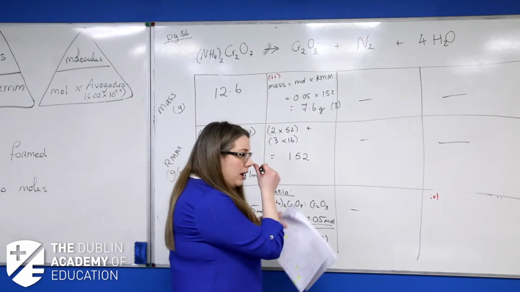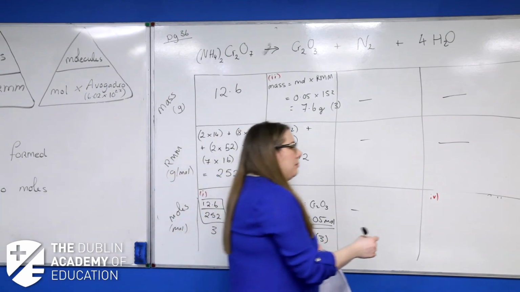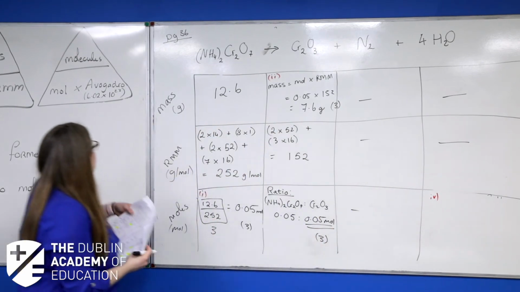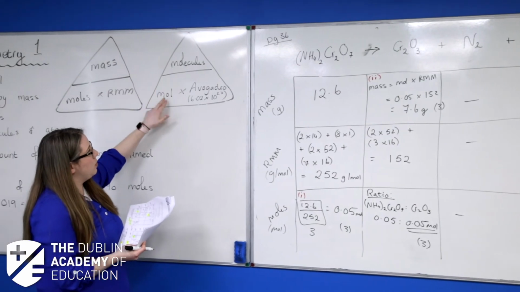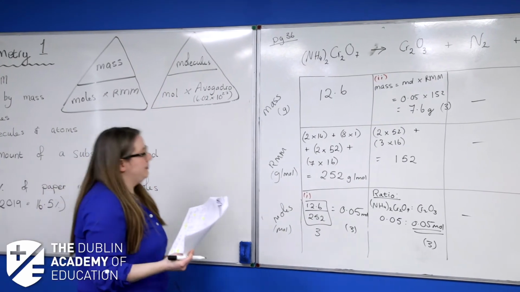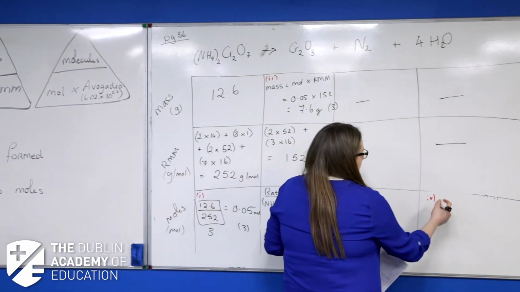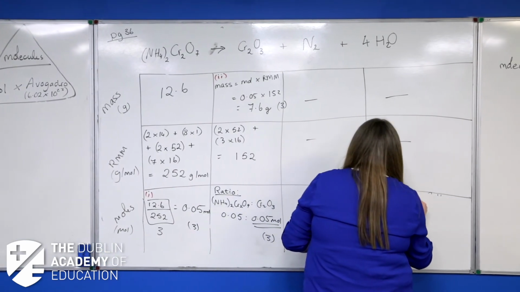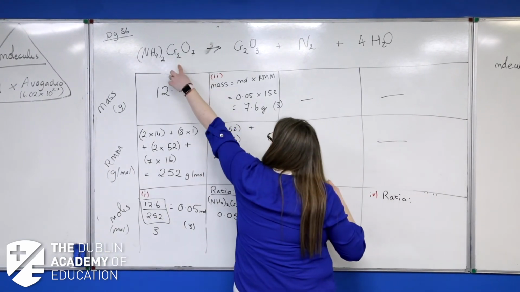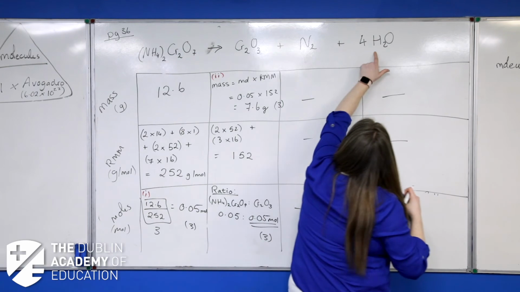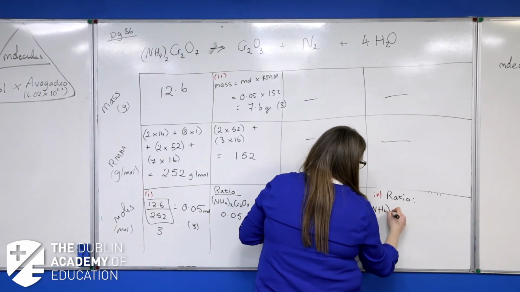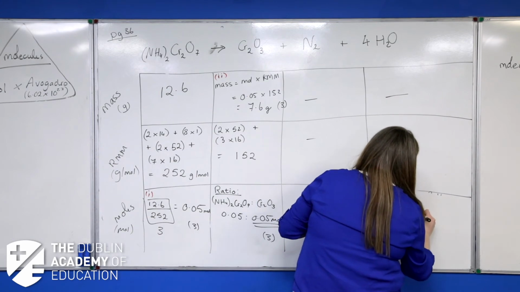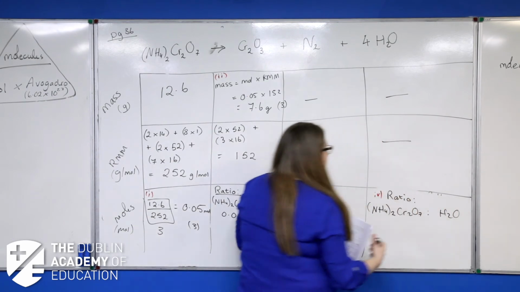Next, the number of molecules of water. Now, to get molecules, you need moles. So first off, we need to find out how many moles of water were formed in this reaction. And the ratio will give me that. So we need the ratio of ammonium dichromate to water. So look at the number in front.